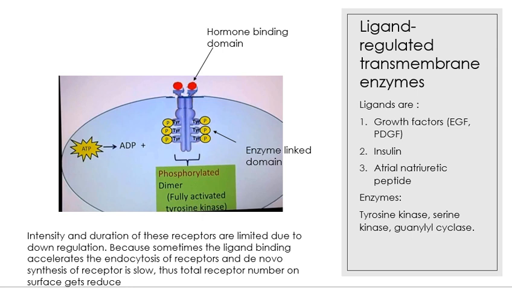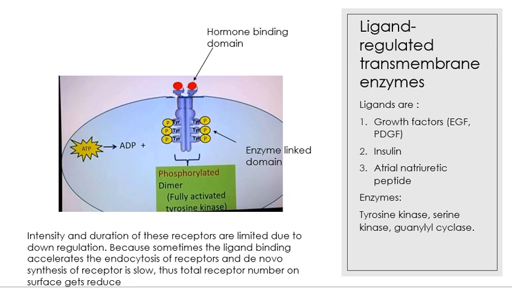So let's see the structure of the receptor. The receptor basically involves two domains: the extracellular domain and the intracellular domain. The extracellular domain is the hormone binding domain, and it binds to the hormone or any ligand we have discussed earlier. The intracellular domain is the cytoplasmic domain, which is bound to the enzyme, so it is an enzyme linked domain.